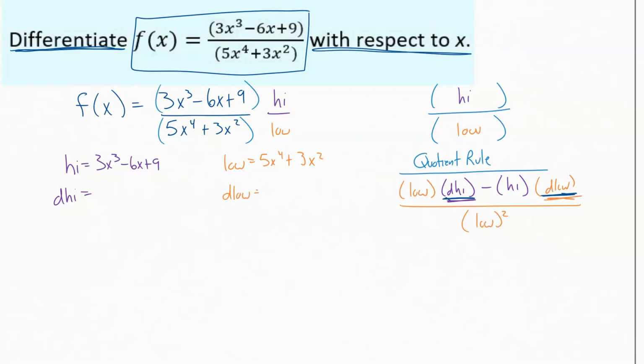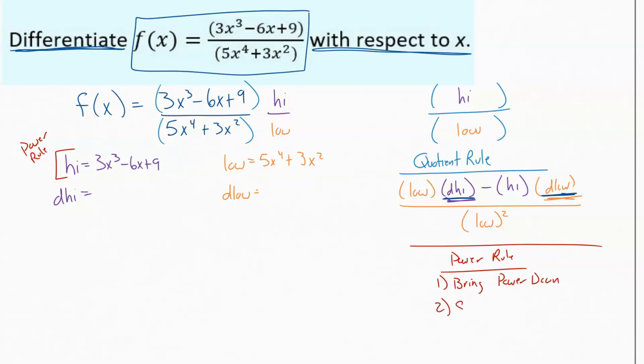So to do that, I look at them as two separate little math problems. Looking at just the high piece, I notice that everything is now just being added and subtracted. So to find the derivative of that, I just need to follow the standard power rule. Remember, really everything flows back through the power rule. The power rule, the way I say it, goes: bring the power down and then subtract 1 from the power.